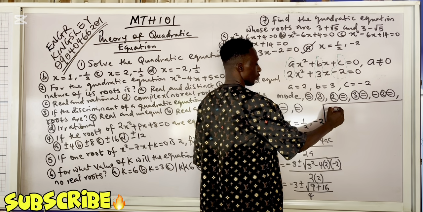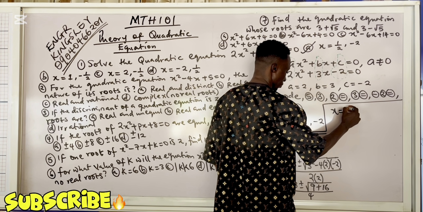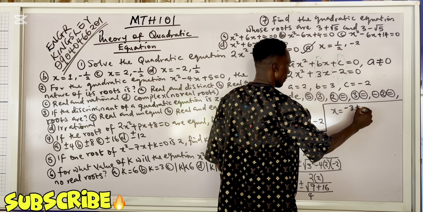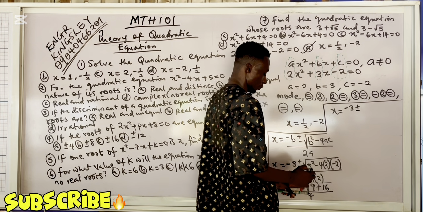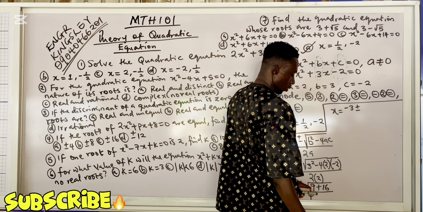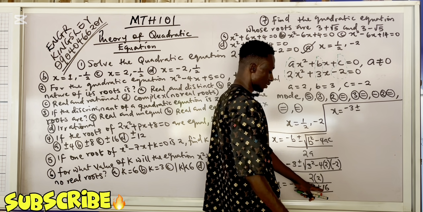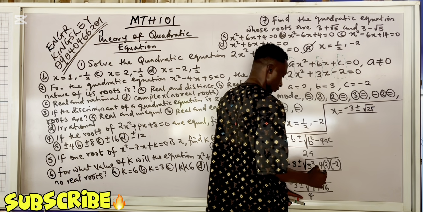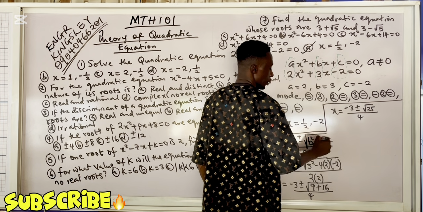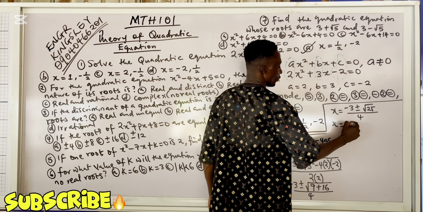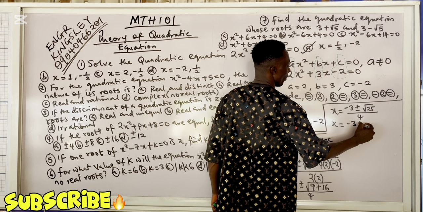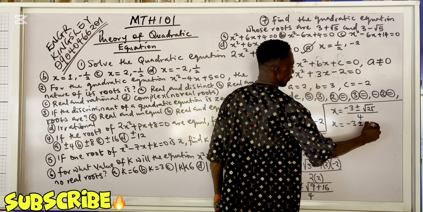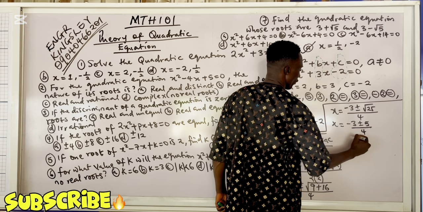So x equals minus 3 plus or minus the square root of 25, which is 5, all over 4.